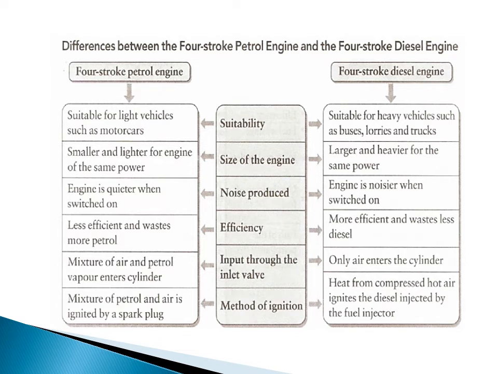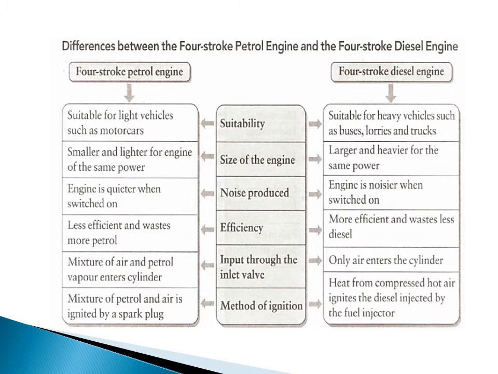So we look much deeper at the differences between the 4-stroke petrol engine and the 4-stroke diesel engine. Okay, you have to give the aspects. So you have 3 columns here. The middle column lists the aspects: suitability, size of engine, noise produced, efficiency, input through the inlet valve, and method of ignition.